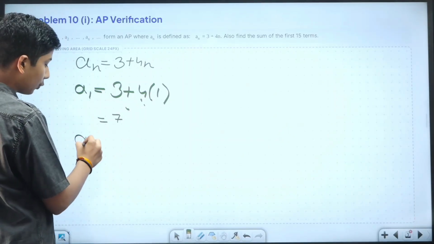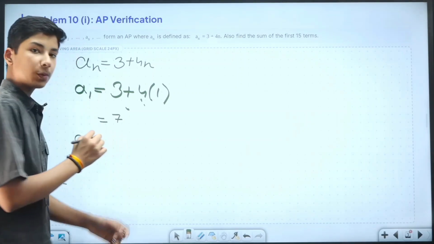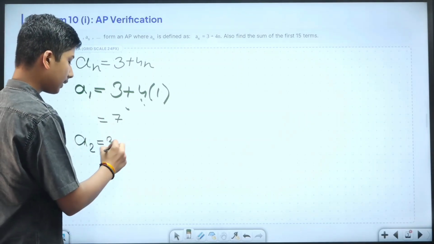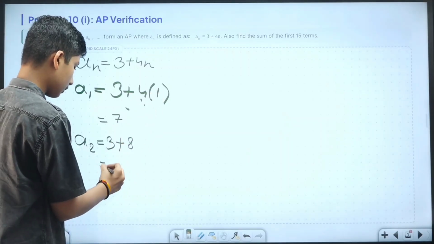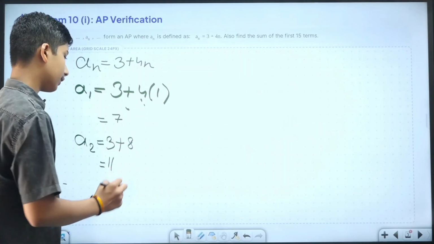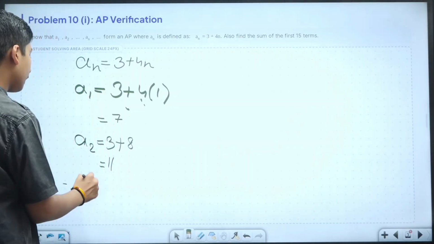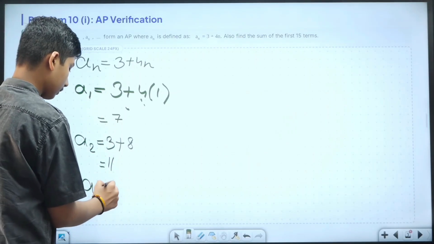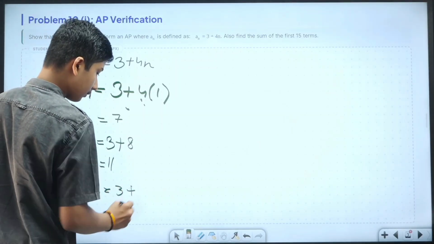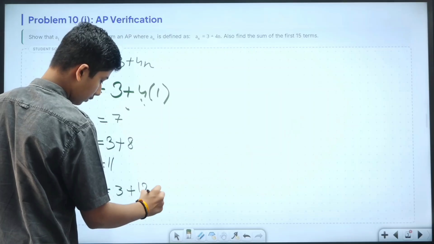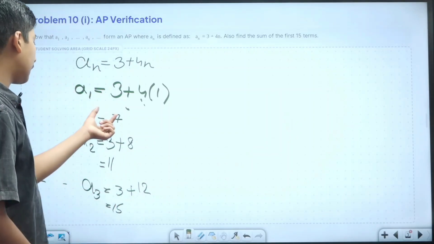Now A2 means the second term. It will be 3 plus 4 into 2, means 8, 11. And then it will be A3, which is 3 plus 12, 15. 15, 11 and 7.